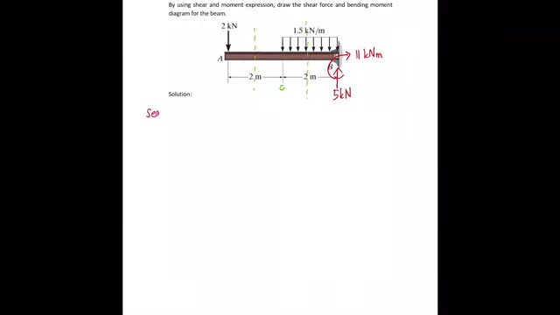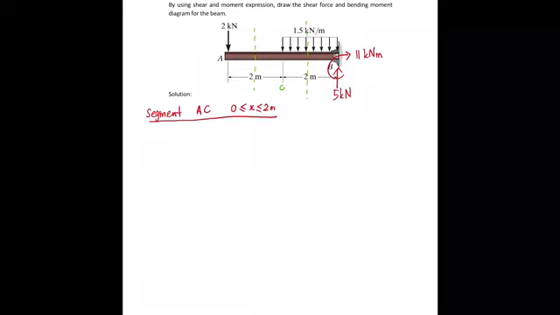For segment AC, the range of X value is X more than 0 and less than 2 meter. See the distance. And then with your hand you close the dash line, and you just draw what you can see.